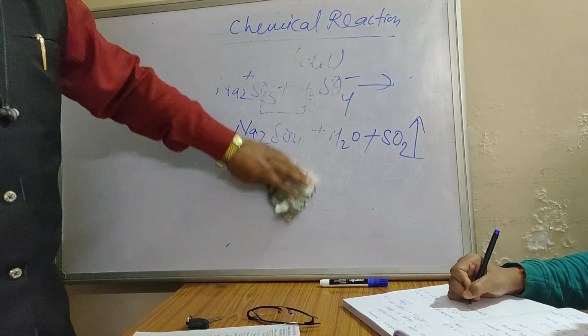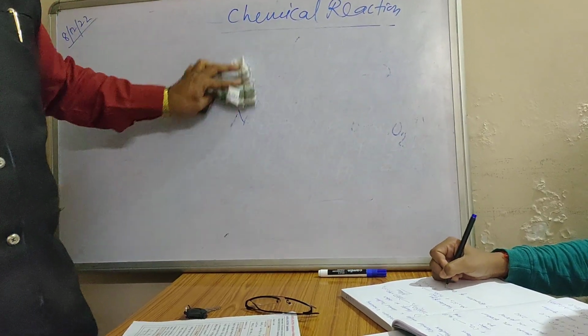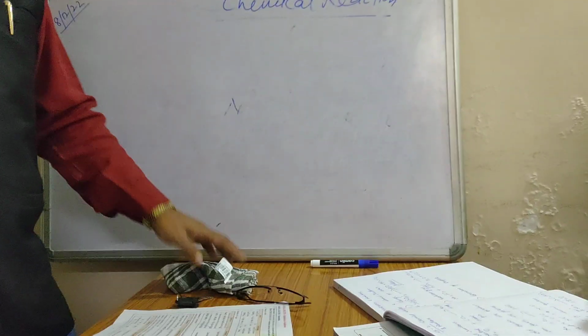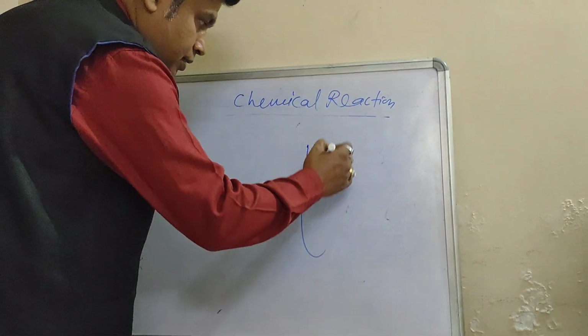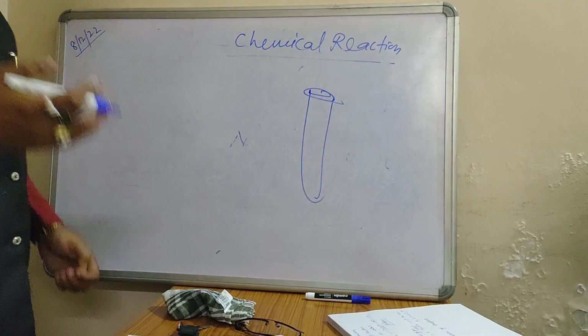Now what is precipitate? First of all, we must know what a precipitate is. In any chemical reaction, when something settles down at the bottom, suppose you react two different reactants.